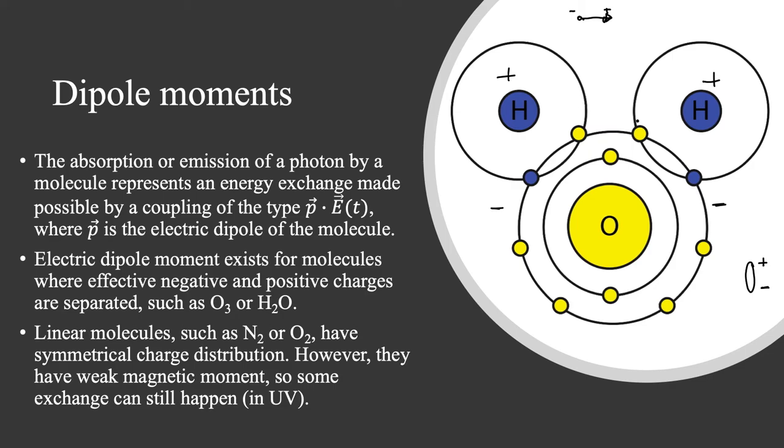But if you have linear molecules like oxygen or nitrogen, these tend to have a symmetrical charge distribution, and therefore their electric dipole moment is zero. Okay, meaning that these absorptions or emissions cannot happen for them.